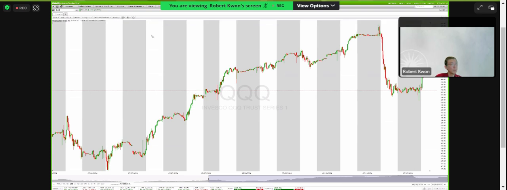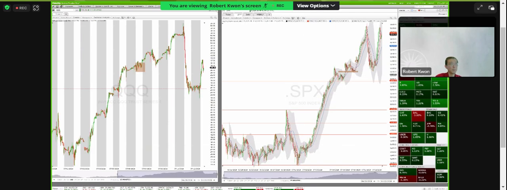I'm going to circle or highlight one that comes to mind. Right here. So what I try to do is just identify, as it's happening, is this a day that's going to end up as a bunch of chop?